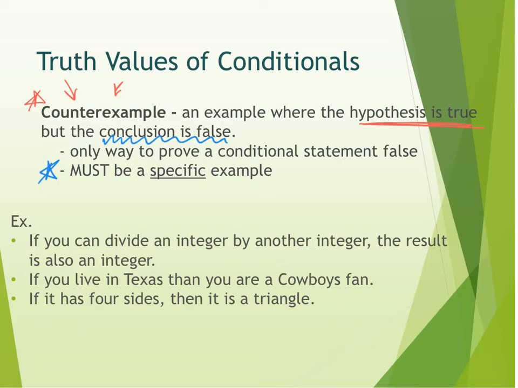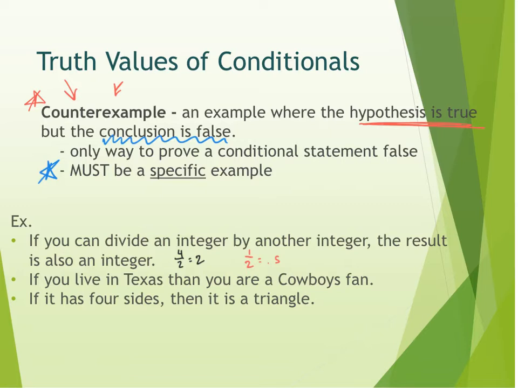So it's saying if you divide an integer by another one, the result is also an integer. Well, here's an example of this. We have 4 divided by 2. That gives us 2. This is an example of the statement. But if I wanted a counterexample, I could say 1 divided by 2. That gives us 0.5. 0.5 is not an integer, therefore this statement is false.